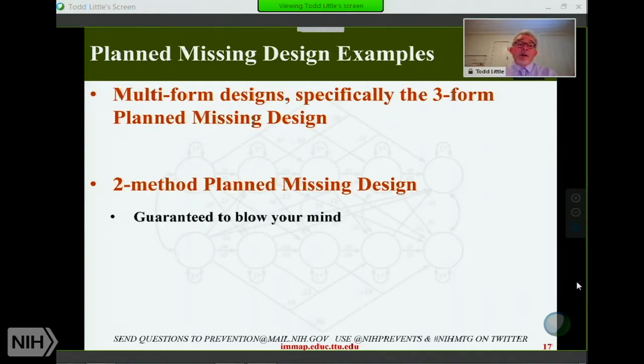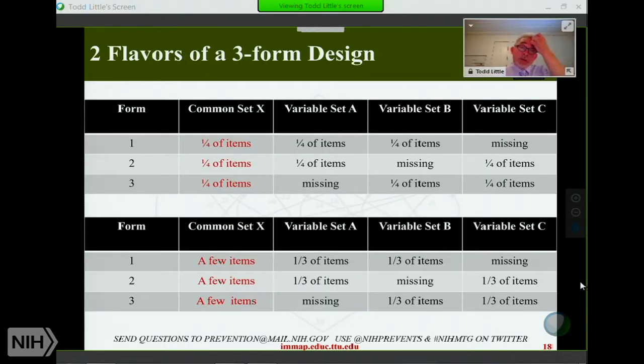So the multi-form design, I'm going to talk about the three-form design in particular with one quick extension. I'm also going to talk about the two-method planned missing data design. For the multi-form design, here's two flavors of the three-form design. The way that this three-form design and all multi-form designs work is you identify some variables that are going to be given to all participants, and those are referred to as the X set.